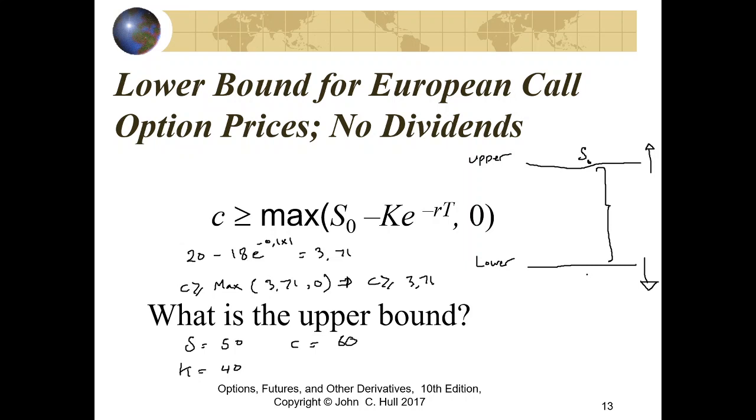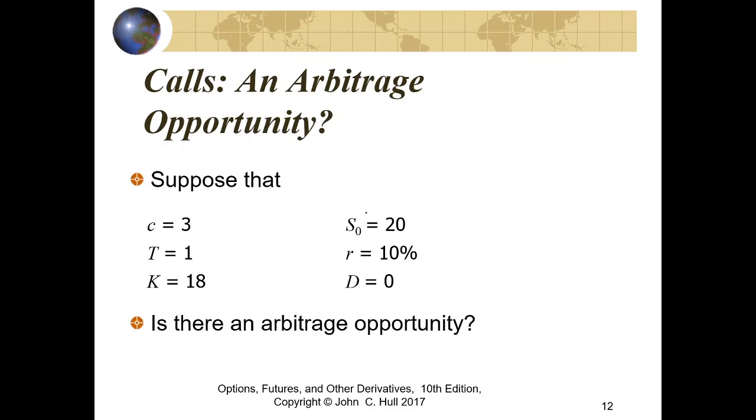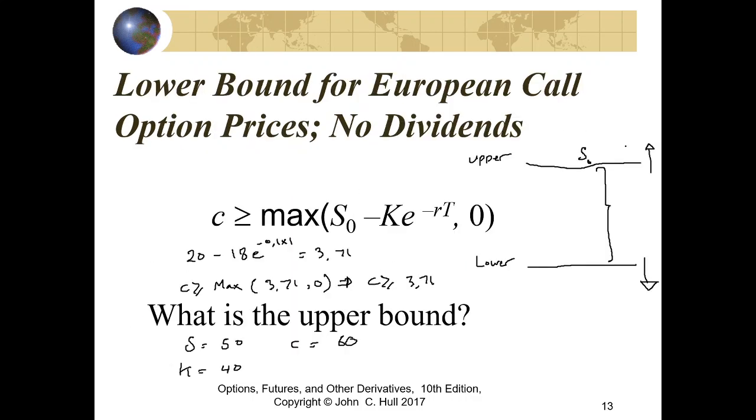So what is the upper bound again in the previous example? It's 20. So 20 upper bound, 3.71 lower bound.